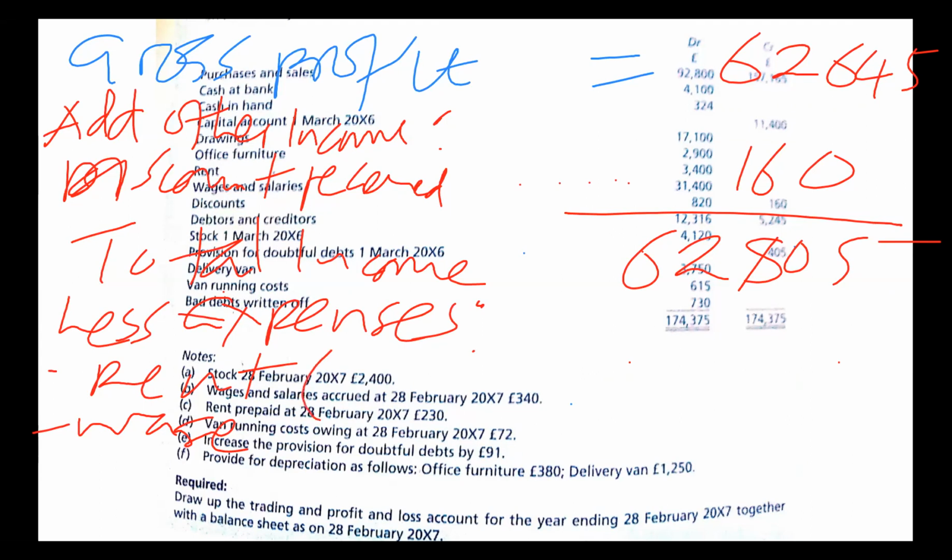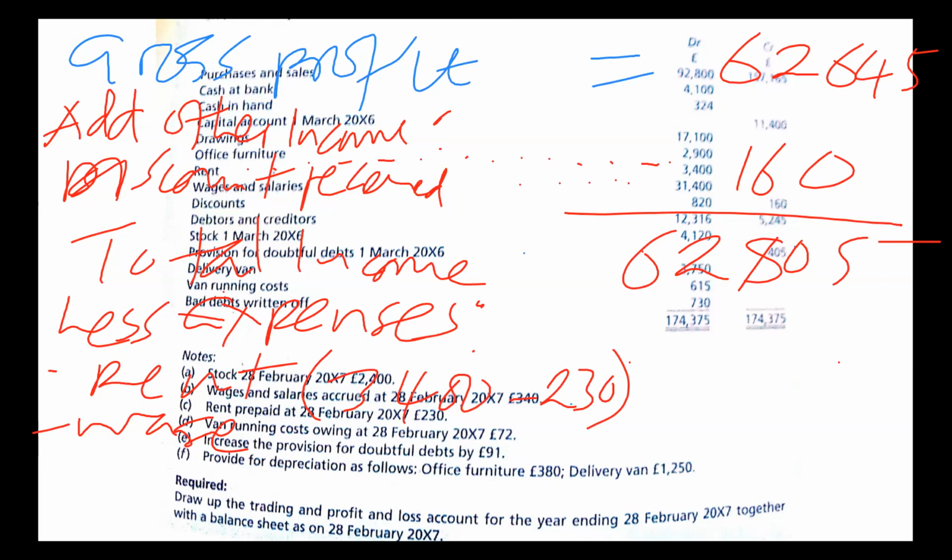So you get the rent that is in the trial balance, which should be 3,400. You remove the prepayment, which is 230. Then the difference is what you record as your rent on the debit side, of course.